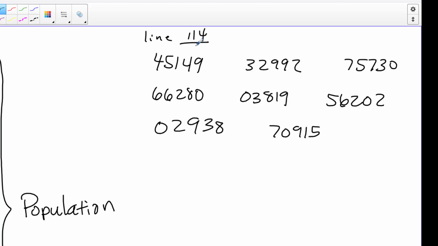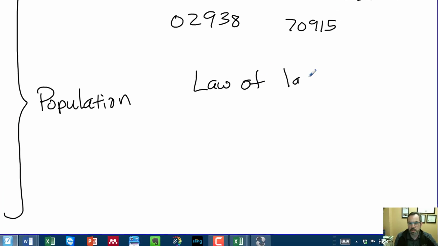Just so that we see, first of all, one of the things that happens as we take a look at this is what's known as the law of large numbers.